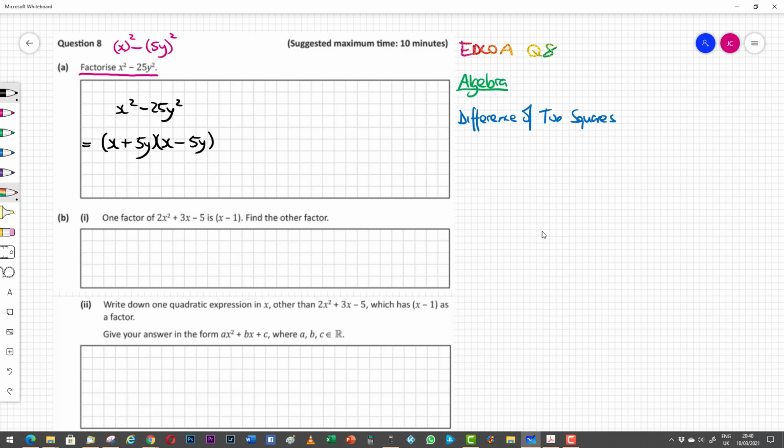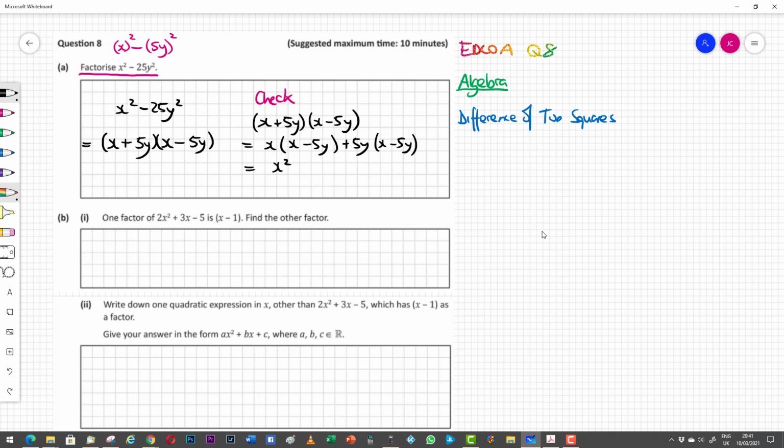So I would suggest when you get your answer that we check this answer by multiplying out the brackets. So depending on how much time you have in the exam and you're looking to kind of go over your answers and see if they're right, a good method of reversing the factorization is to multiply out the brackets and see do you get to the original expression. So if I multiply x plus 5y times x minus 5y, I'm going to open the brackets, so that's x on x minus 5y plus 5y on x minus 5y.